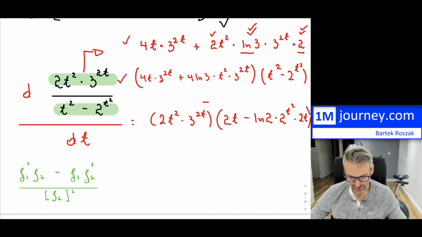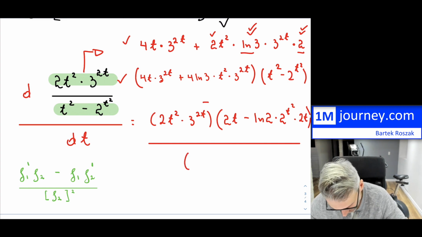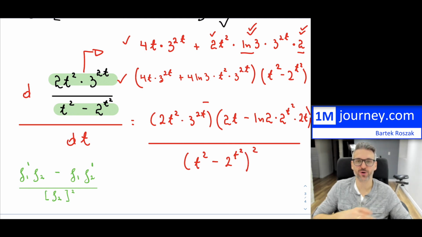Oh boy. All right, and then all of this would have been divided by the denominator squared. I'm not even going to try to simplify this.